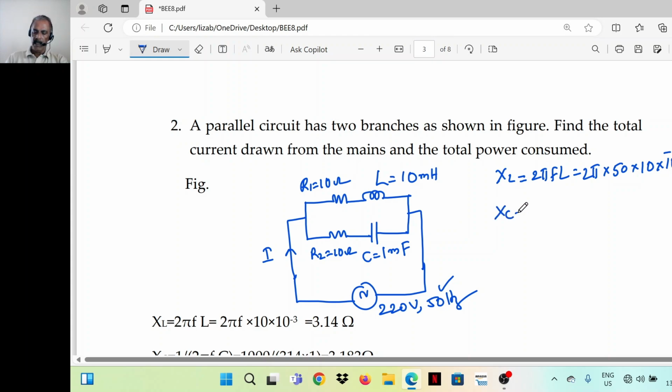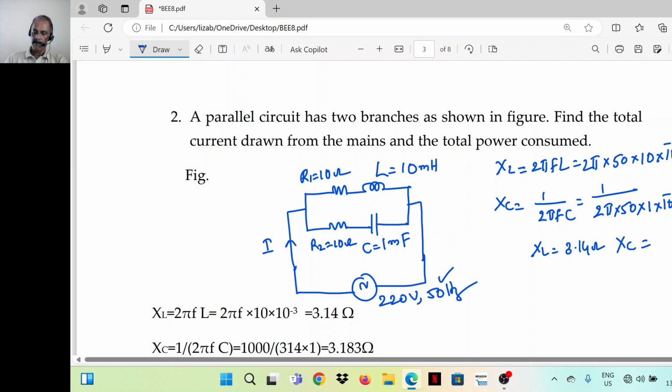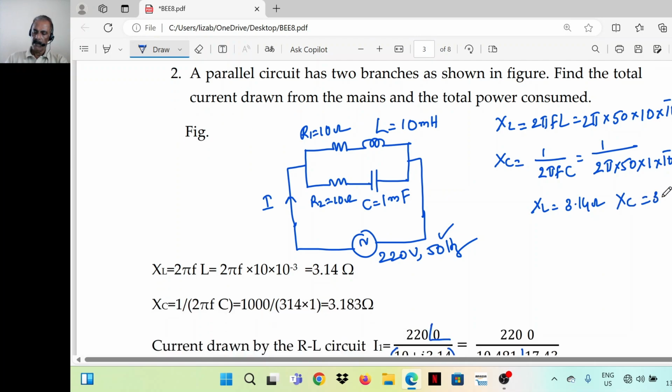Capacitive reactance XC is 1 divided by 2 pi F C, that is 1 divided by 2 pi into 50 into the capacitor value of 1 millifarad, 1 into 10 to the power of minus 3. So XL is equal to 3.14 ohm and XC is equal to 3.183 ohm.